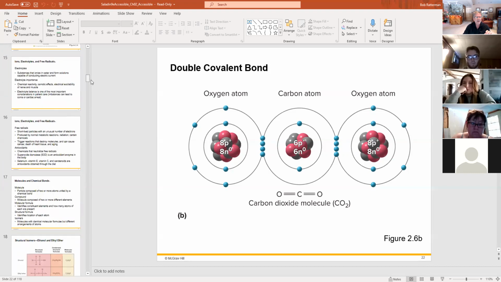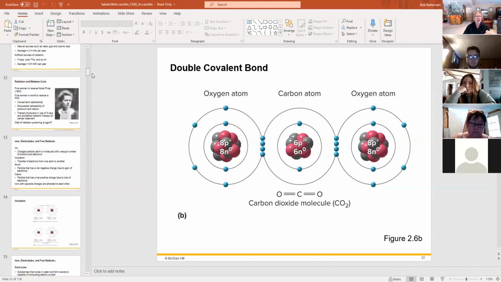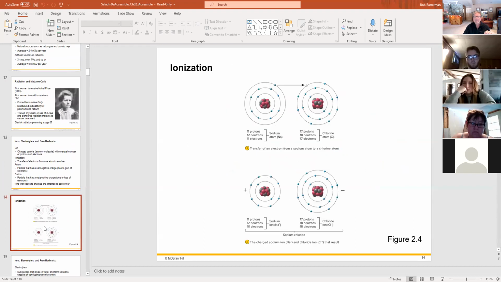And let's see, where is that introduced in the chapter? Okay. Here's ionic bonding. The classic example they always give is between a sodium atom and a chlorine atom. Now, what I like about this, that they didn't do in the covalent bonding, is they showed the atomic structure of the elements before they interacted.